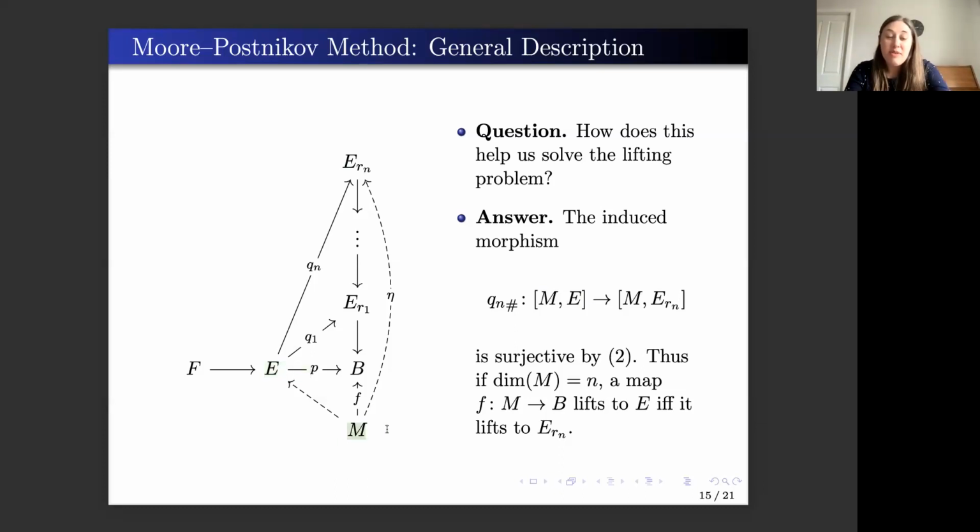So now we just need to build a map from M into E_n, and by surjectivity of this Qn hash, we get for free a map from M to E that lifts F.